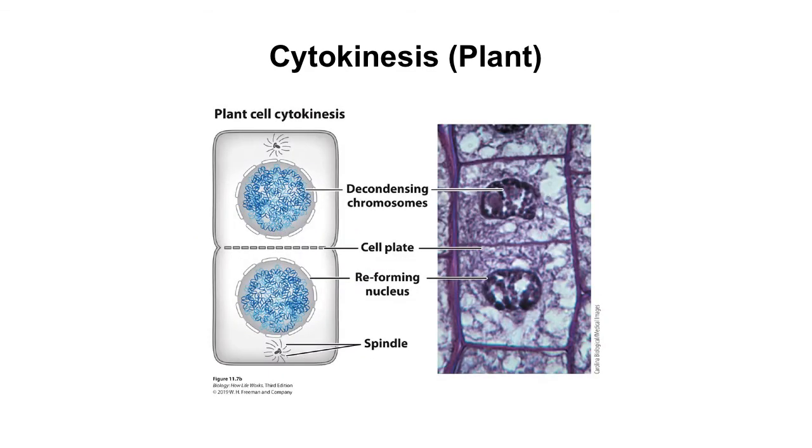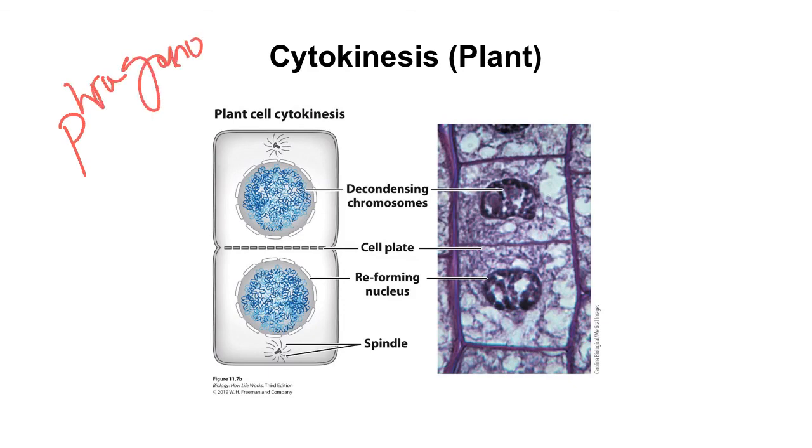Now, cytokinesis in plants, as I indicated earlier, is very different from animals. Since plant cells have a cell wall, the division of the cell is achieved by constructing a new cell wall. During telophase, the plant cells form a structure called the phragmoplast. It is not shown here, but it is a term that you might want to be familiar with.